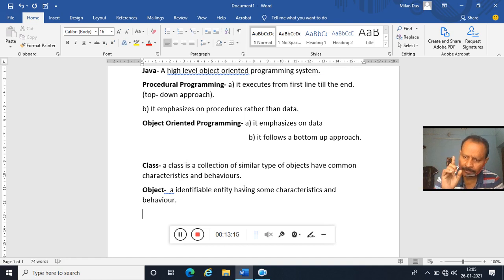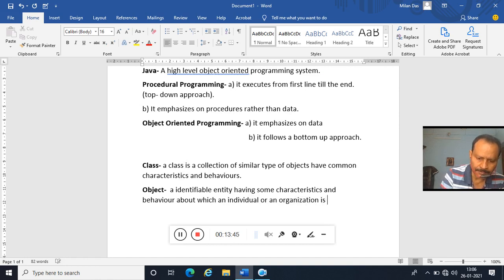So, what is an object? It is an identifiable entity having some characteristics and behavior, about which an individual or an organization is interested.